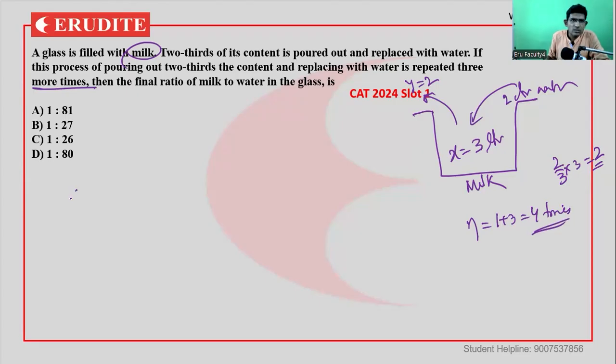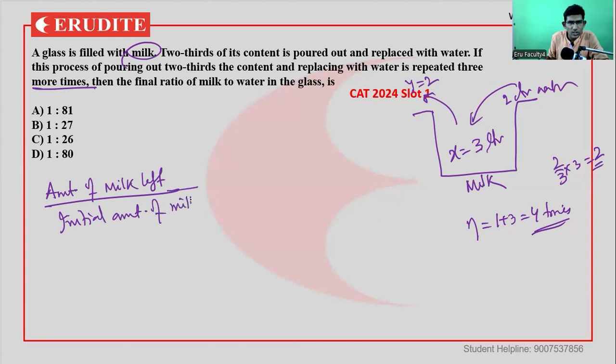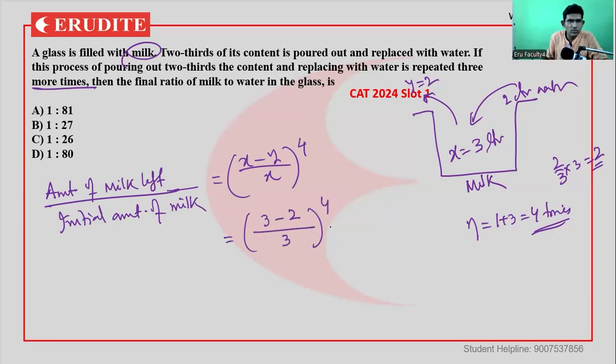So what will happen? I can say that the amount of milk left upon the initial amount of milk, because initially it was pure milk, would be equal to (x minus y by x) whole to the power 4 here. So x equals 3, (3 minus 2 by 3) whole to the power 4, right?